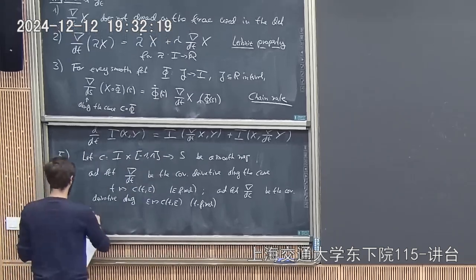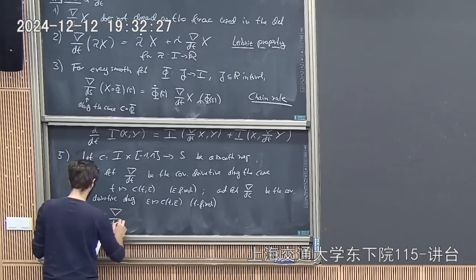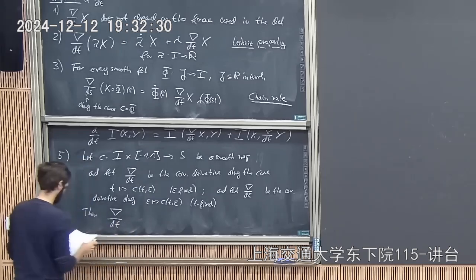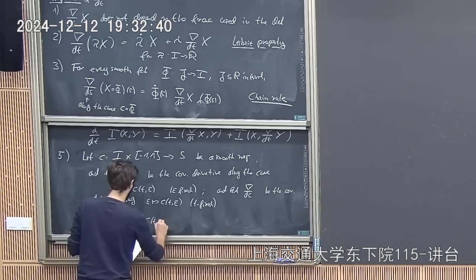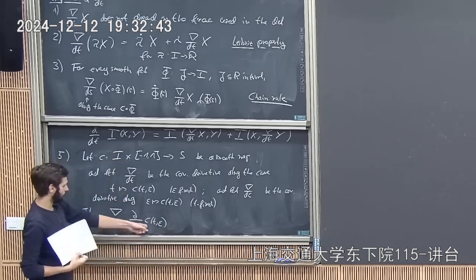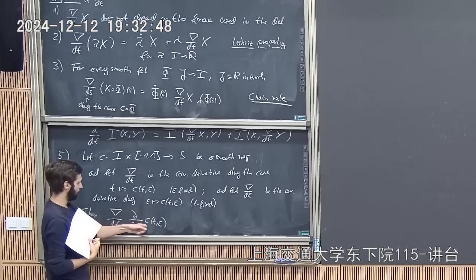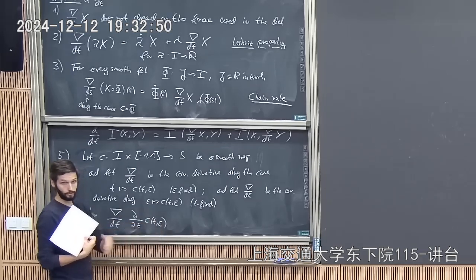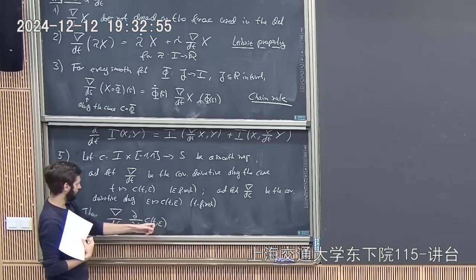Then we have the following equation, which says that if you first take the partial derivative with respect to epsilon of c(t, epsilon), so you consider c as a family of curves, and then you take the derivative of the curve in the direction of the parameter that defines the variation.